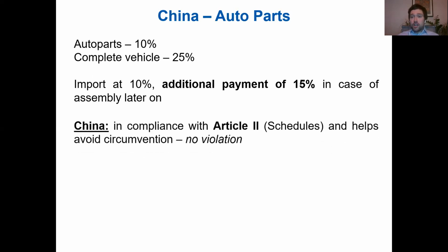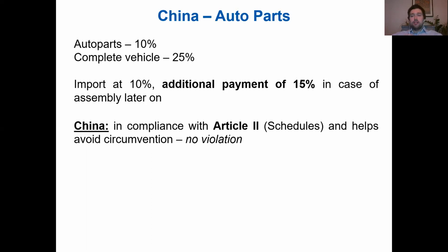So how does China classify this payment? China says it is fully in compliance with my WTO obligations. Why so? Because it is under Article 2, under the schedules. I promised 10% for components and 25% for the finished product. And if you are importing components and they are used as components, if your intention is focused on components and then they are sold and used for whatever other purposes, then no additional charges are paid.